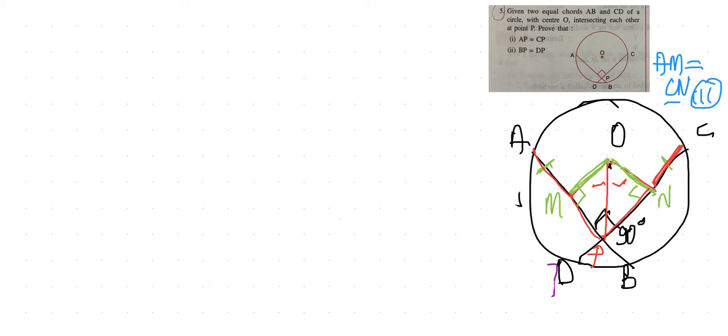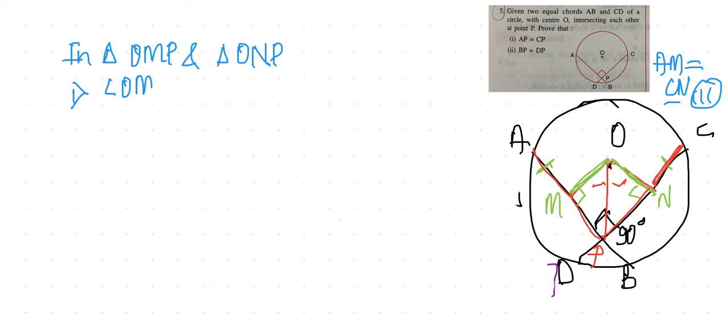So now in the triangular part, I'll be writing down, in triangle OMP and triangle ONP, what are the things that you are getting, children? The first point will be angle OMP is equal to angle ONP is equal to 90 degrees, and the reason is, this you have drawn by construction.